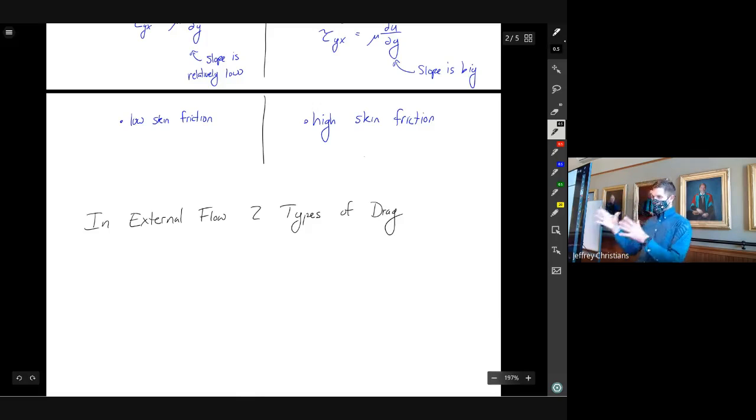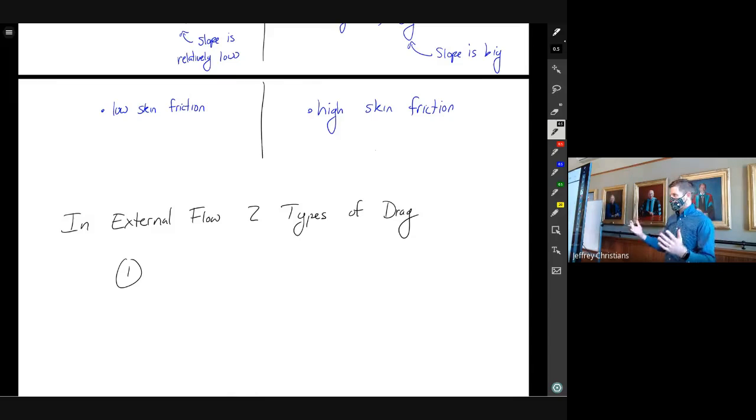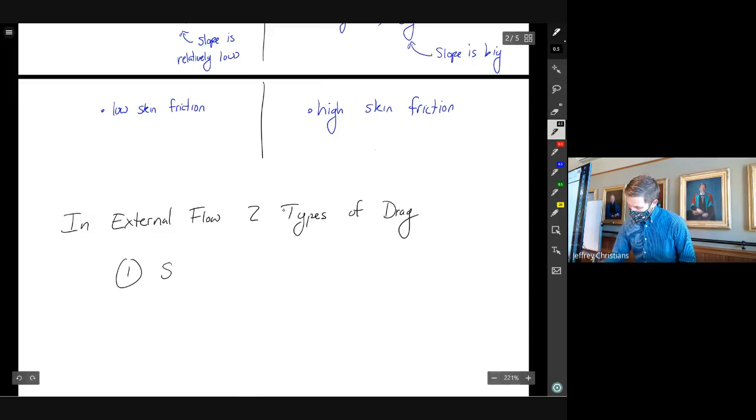We have two distinct reasons why we might have drag force on an object, a force resisting the movement of that object. Thing one is, I think, the easiest one to grasp and the one that we already have a fairly good knowledge and intuition of. That's skin friction.